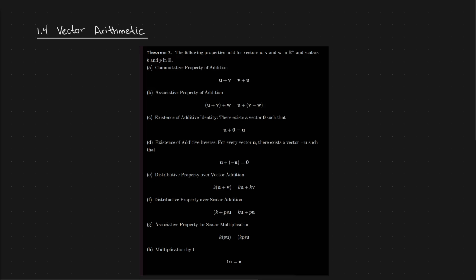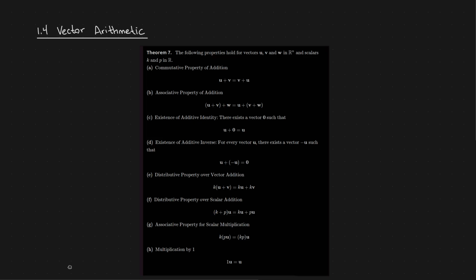Well, as I've repeatedly said, these properties are true, but they are not a foregone conclusion. We can't assume them. We have to prove that they are true. This is going to be an important part of this class. We are going to introduce the idea of proving mathematical concepts.